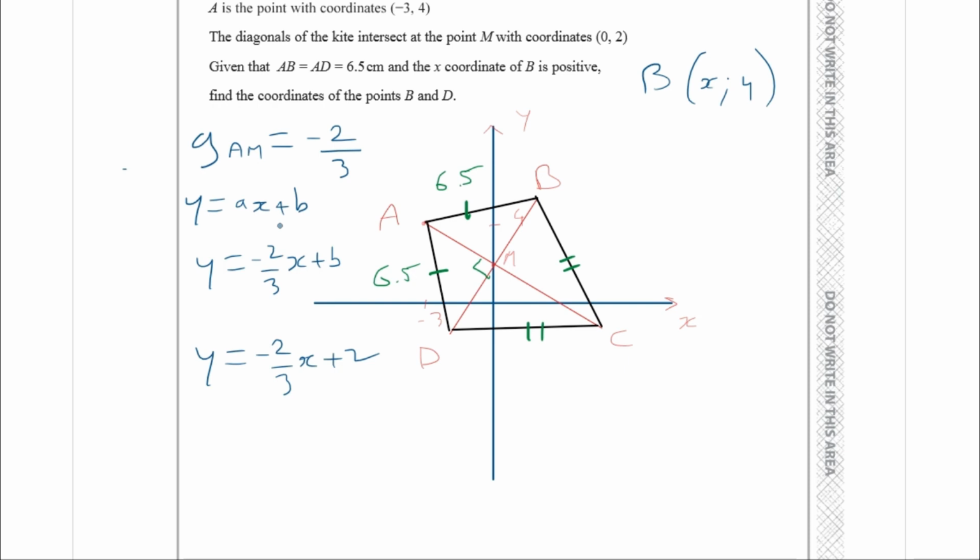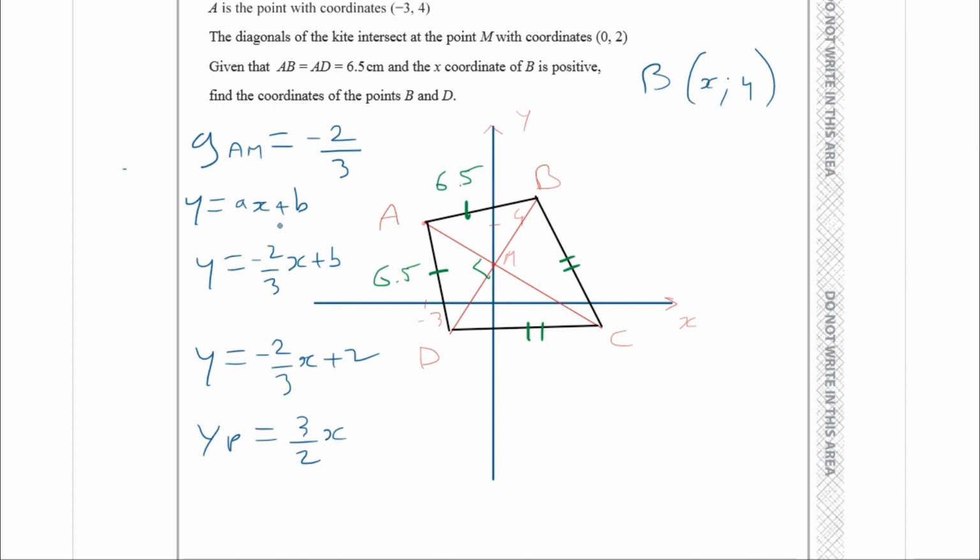Now the perpendicular line to that, so y_p, the perpendicular line to AM, will have a negative reciprocal gradient. That means that you flip the -2/3 around, so it becomes 3/2, and when it's negative, it becomes positive. So perpendicular lines have negative reciprocal gradients.